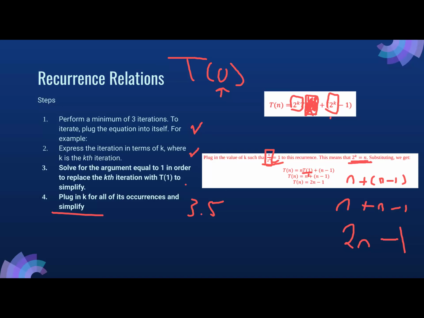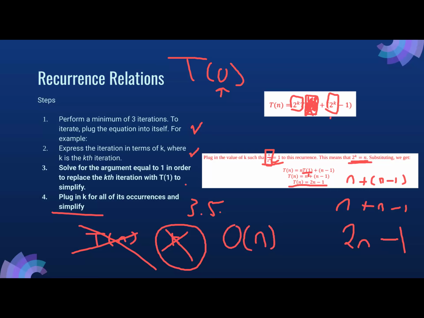Basically, your goal is to get rid of T of n by solving for the base case and replacing it with a constant. But your other goal is to make sure that all occurrences of k are removed. k is our way to get here, but it should not be in the end. Why? Because we're looking for runtime in terms of n.